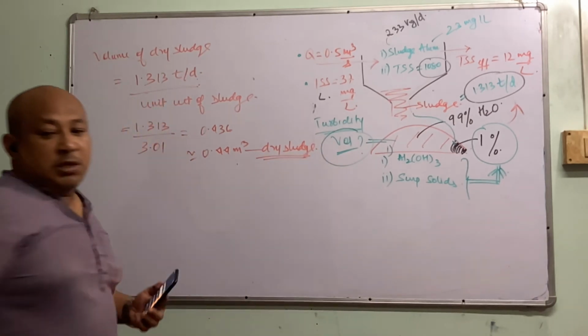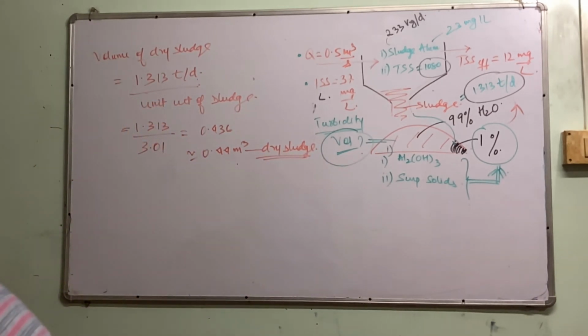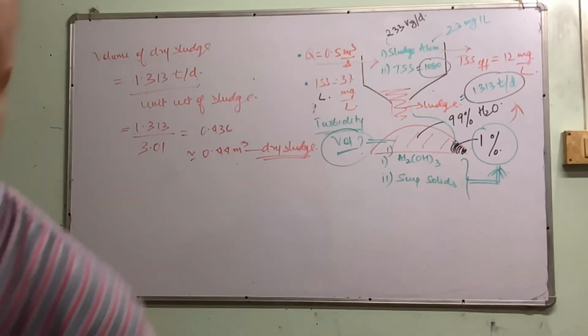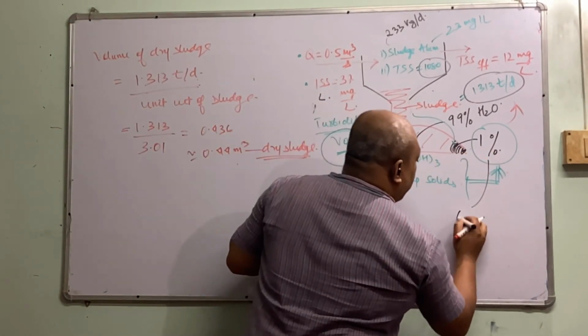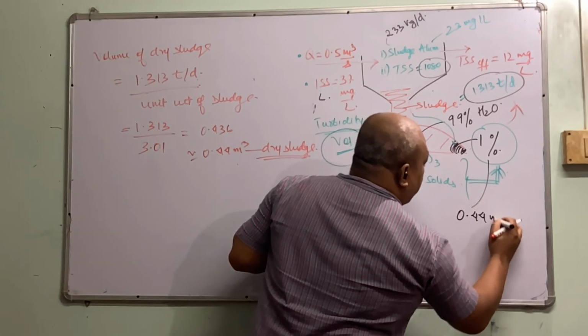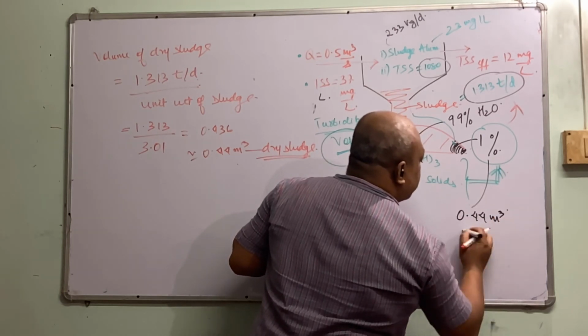So this 1% part will occupy around 0.44 meter cube of sludge.